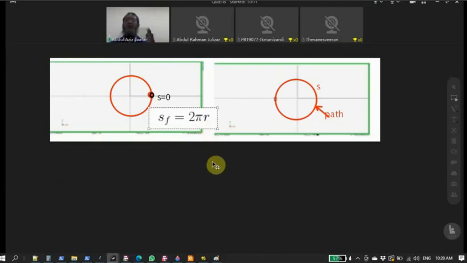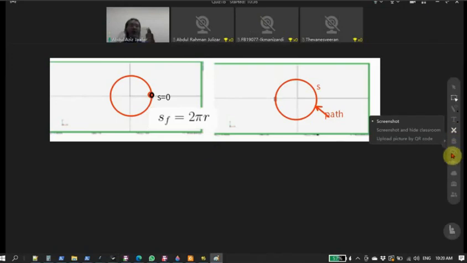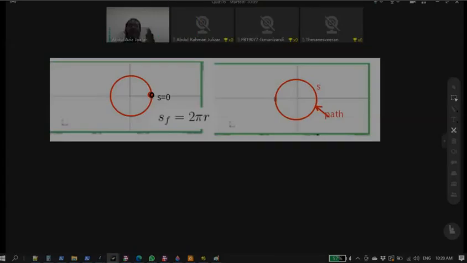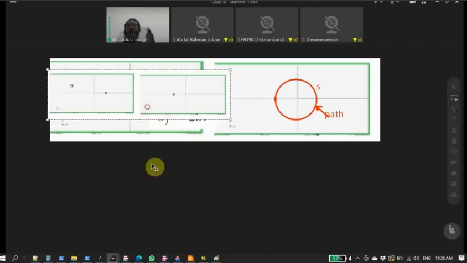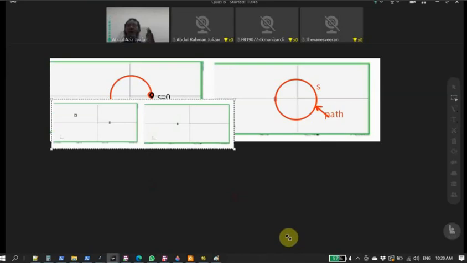If we want to represent this problem in terms of the X and Y coordinate system, how can we do it?